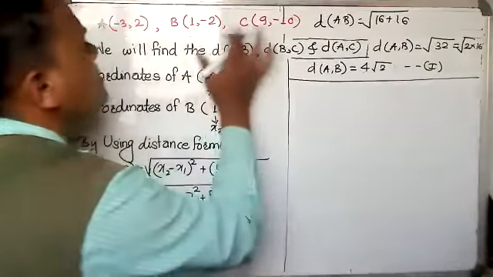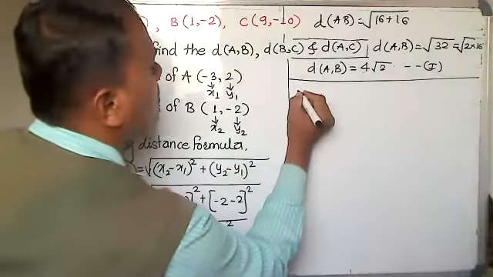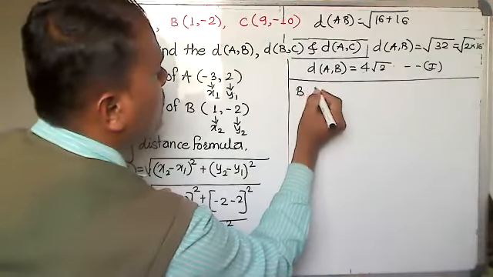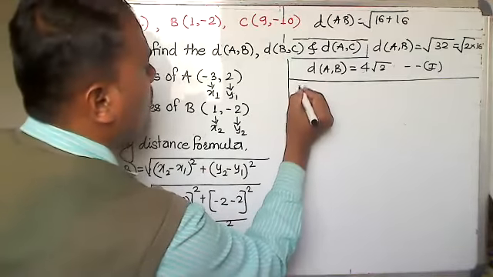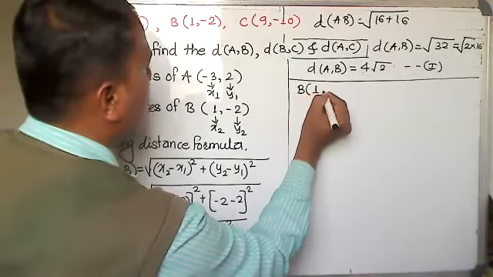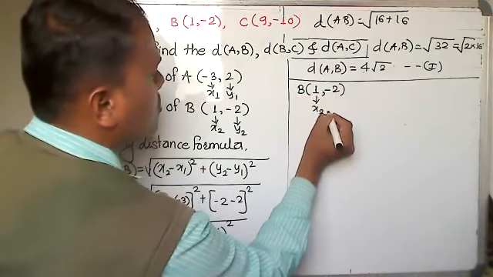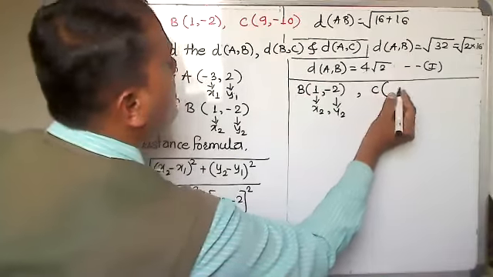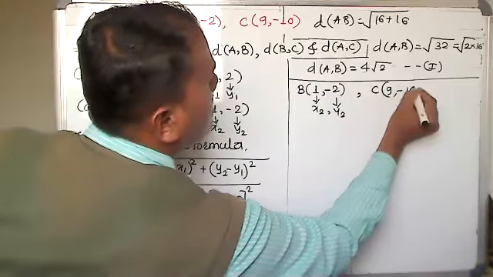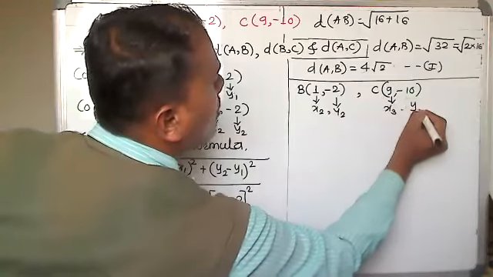So I will find the distance BC. For point B, I am considering 1, minus 2, representing this as x2 and this as y2, and the coordinates of point C are 9, minus 10. I am representing this as x3 and this as y3.